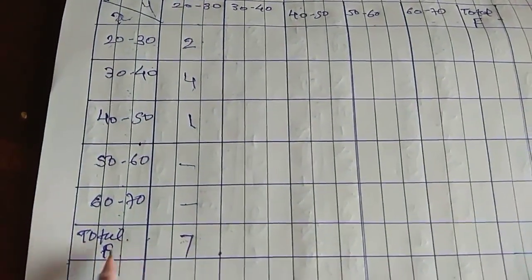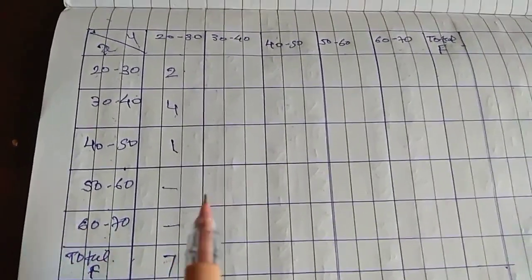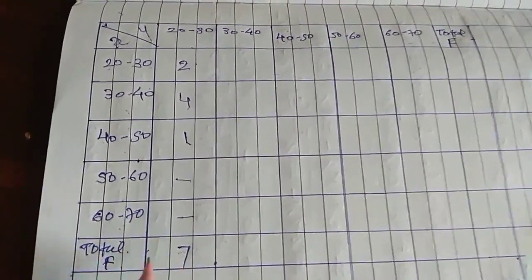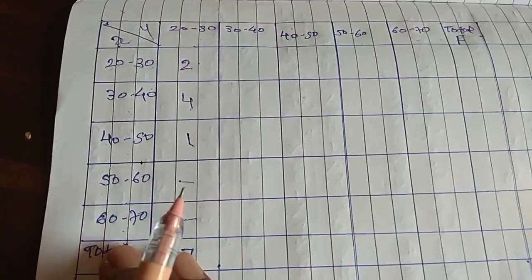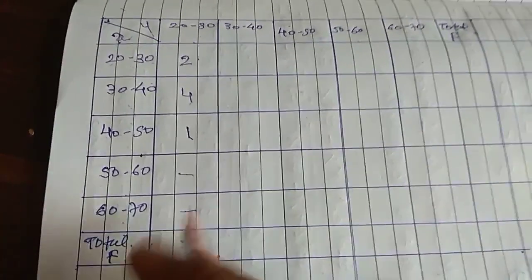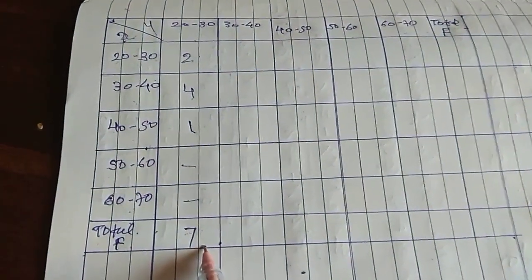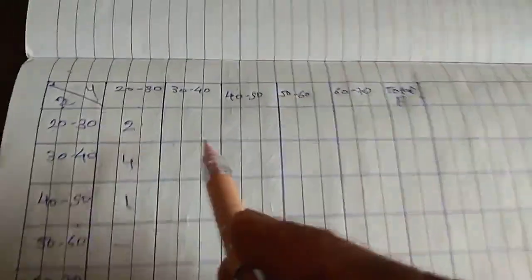Okay, and all these figures have been given in the examples, also the total. If an example does not give the total, yet we have to add this frequency and write it here as a total.